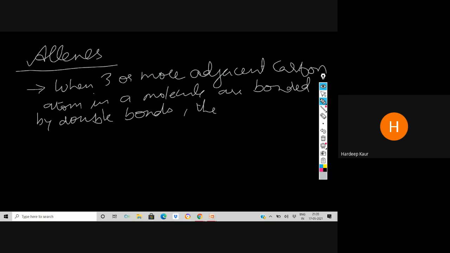So cumulene is the general name. The compound is called cumulene.